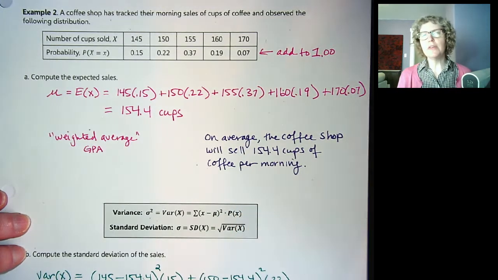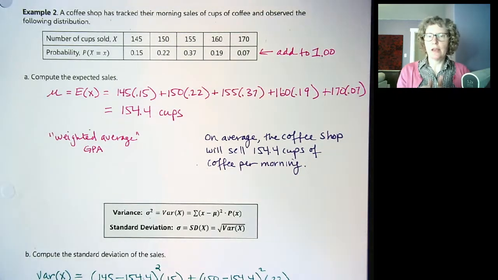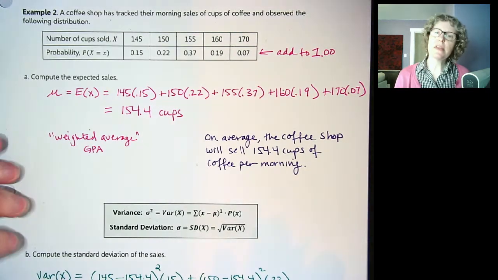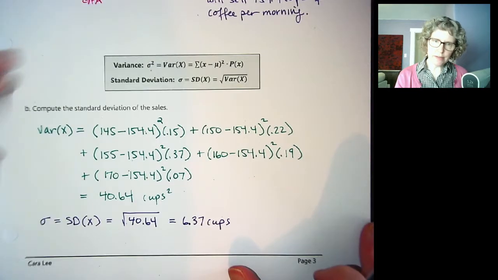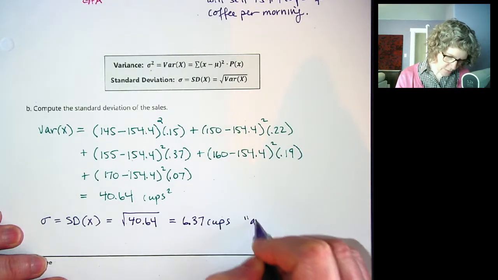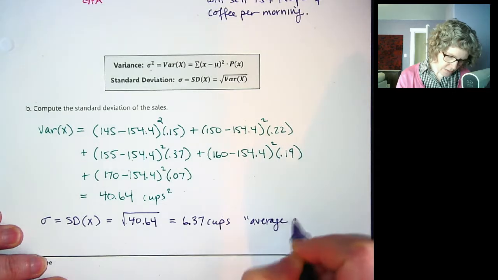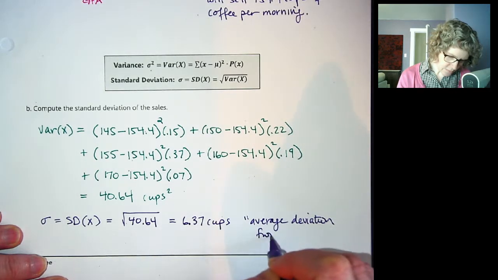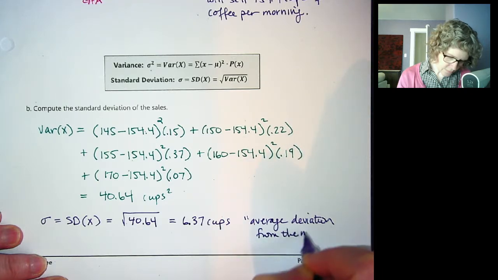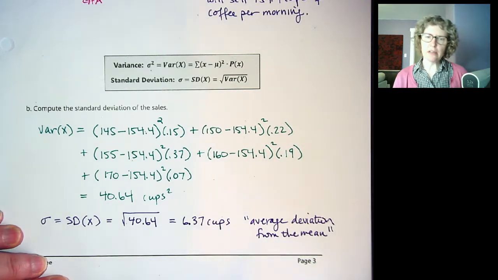Then standard deviation is a measure of spread. It's saying, are all the mornings really tightly packed together around this 154.4, or are they really spread out? And so that's what the deviation is. Standard deviation is the average deviation. So you can think of this as the average deviation from the mean.